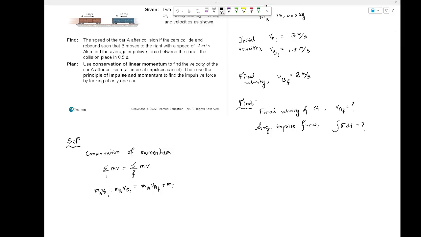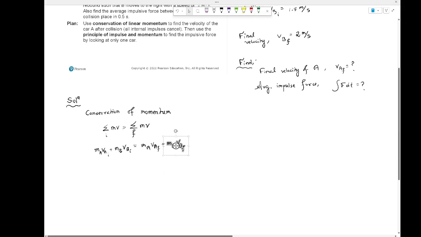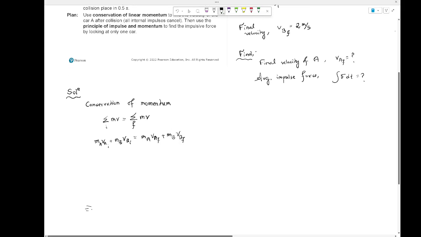This is very straightforward, this part of this problem. You've probably done something similar. Okay, and then you're going to start to plug in all the values. I'm going to just give you the final value here, which is V_AF is 0.375 meter per second. All right, that's the first part you'd be solving.